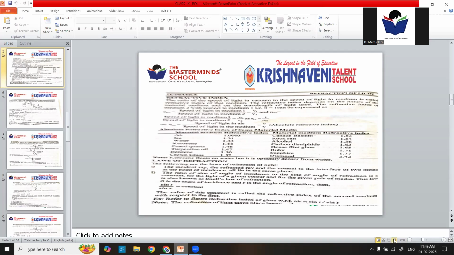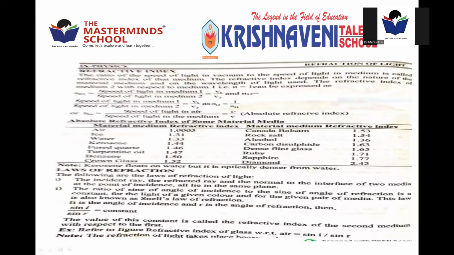So, the most important property of light, refractive index. We discussed various different materials having refractive index values which are always greater than 1: air, ice, water, kerosene, right? And we have turpentine oil, benzene, crown glass, Canada balsam, rock salt, alcohol, carbon disulphide, dense flint glass, ruby, sapphire, diamond.